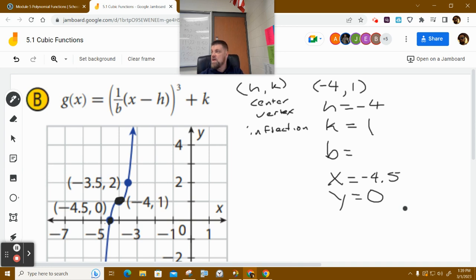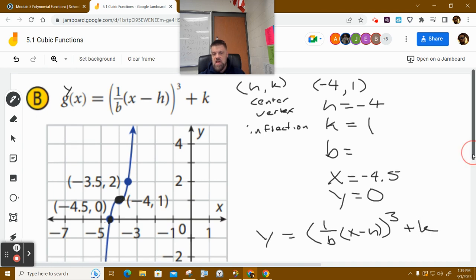Okay. Did you have a question? No. So now what we need to do is remember that this thing can be written as y. So I'm going to write the equation. I'm going to say y is equal to, in parentheses, 1 over b times the quantity x minus h, close parentheses, cubed, plus k.